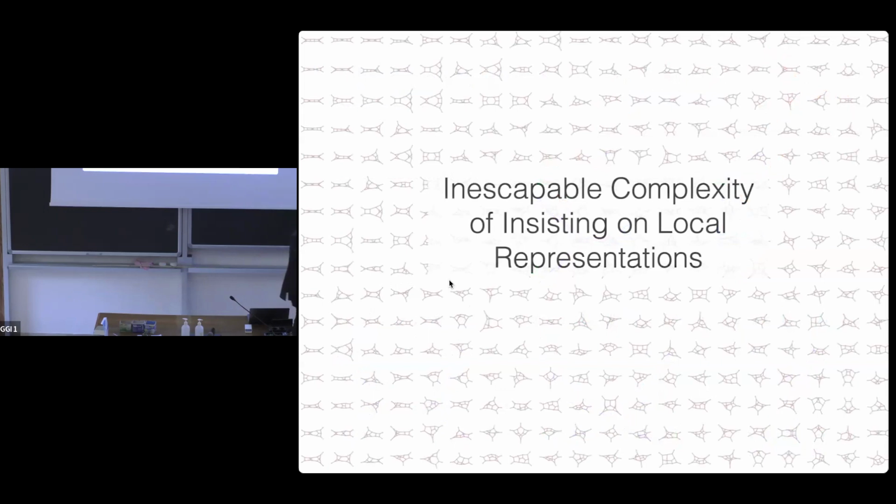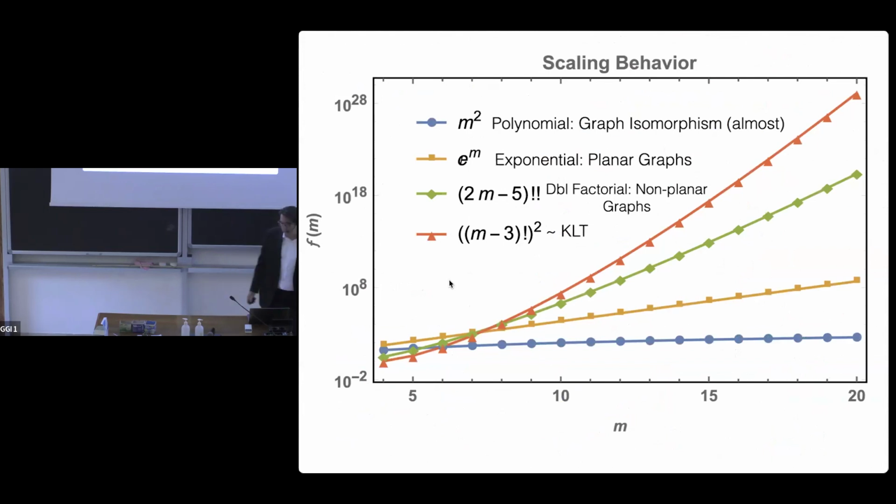Of course, just working with compact on-shell data isn't enough because there's an inescapable complexity of insisting on local representations. And this is just a consequence of perturbation theory. I've lined up just the scaling. Something that's going polynomial on this log plot, we don't even notice, like graph isomorphism, is just a nice straight line as we go to higher multiplicity or higher loop level.